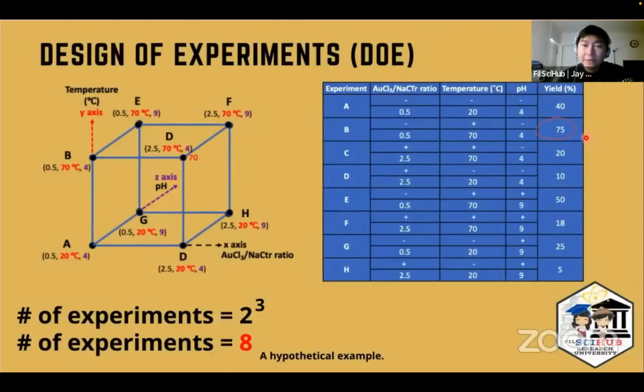So already, we have an idea on what the ideal experimental conditions will be when we're trying to come up with as much high yield of gold nanoparticles. So, magpe-play around na lang po tayo dito sa experimental values na to. So, and at this point, we've already narrowed down the number of our experiments.